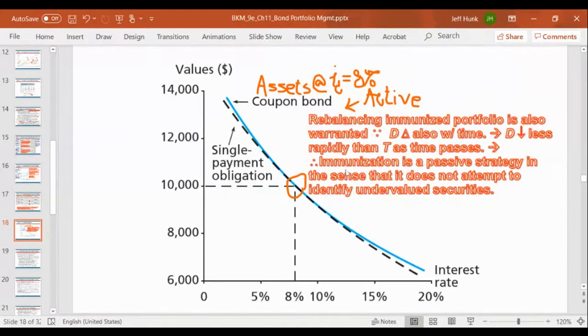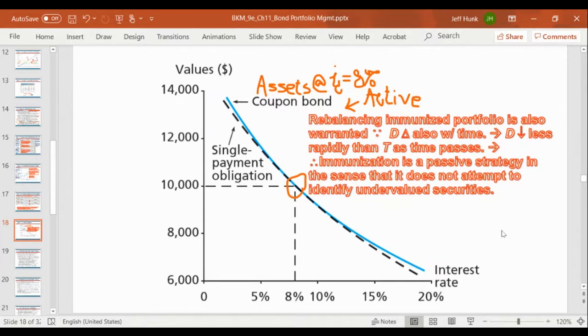So therefore, immunization is not actually a passive strategy. I mean, immunization is supposed to be a passive strategy. Passive strategy means what? You already immunized your obligation and your asset portfolio, right?